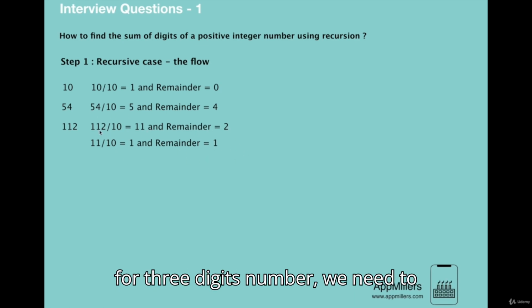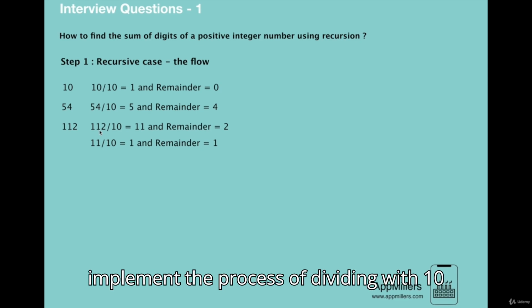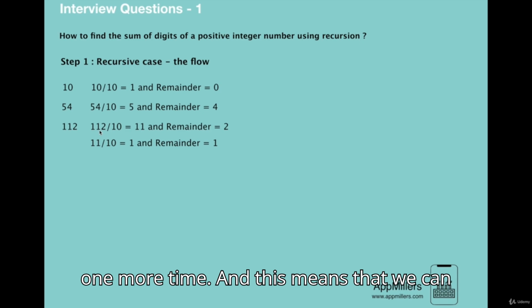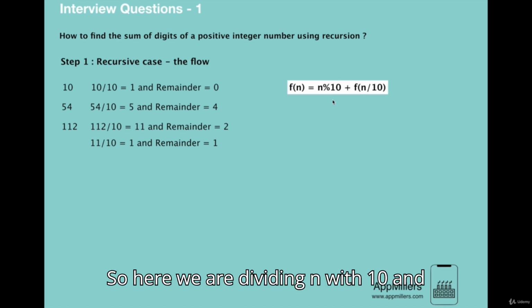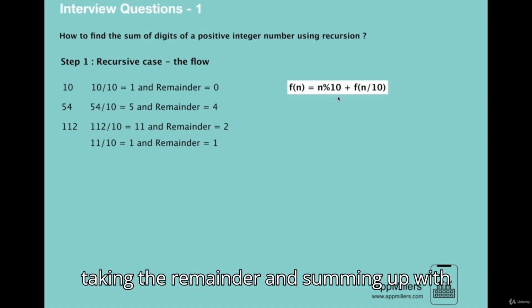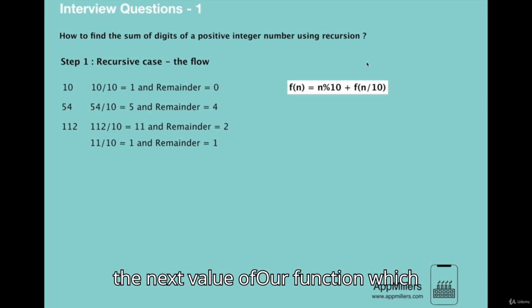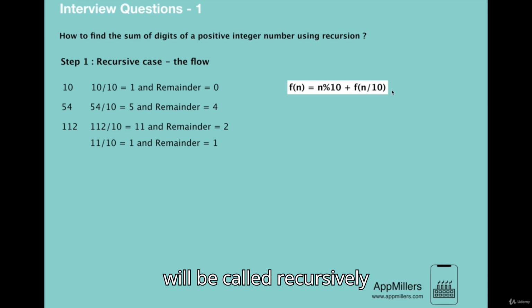So we see that for a 3-digit number, we need to implement the process of dividing by 10 one more time. This means that we can write our recursive case like this. Here we are dividing n by 10 and taking the remainder and summing up with the next value of our function, which will be called recursively based on n divided by 10.